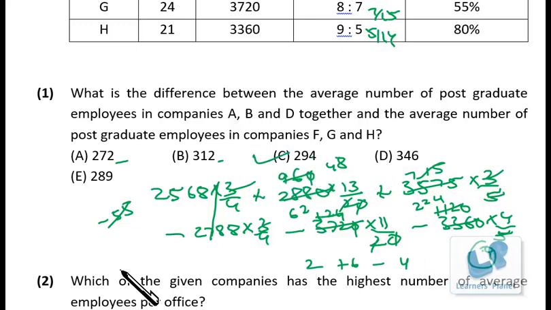So this is the correct answer, right? You can observe very easily that these numbers are bigger than these numbers. So the answer will be negative, but since we have to find the difference, it is positive. While writing I didn't notice that these terms are bigger than these terms. I hope you are clear.